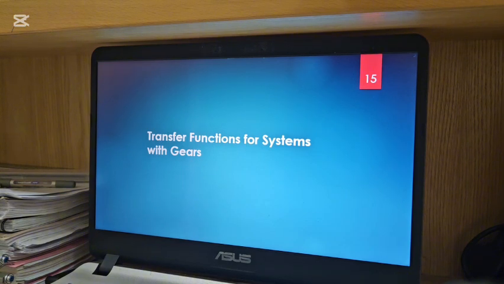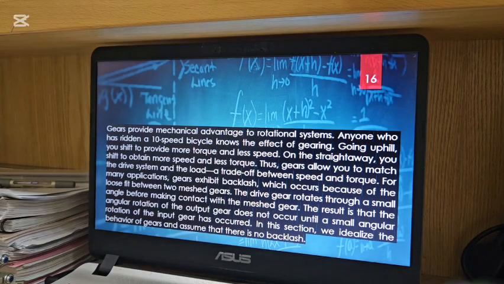We also have transfer functions for systems with gears. Gears are main components in the mechanical engineering field, so we have to know how to deal with and control gears in mechanical systems. Gears provide mechanical advantages to rotational systems. Anyone who has ridden a 10-speed bicycle knows the effect of gearing.